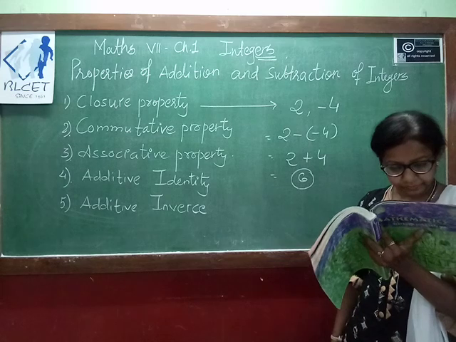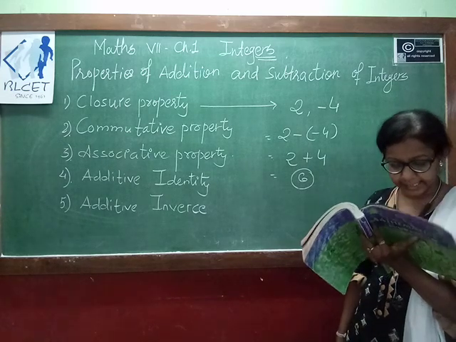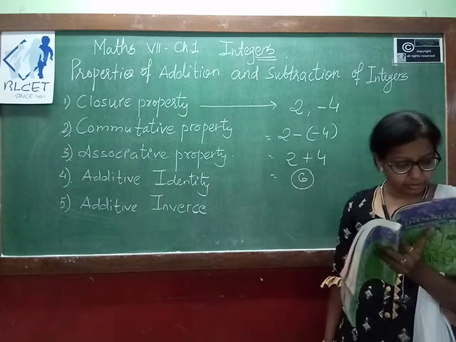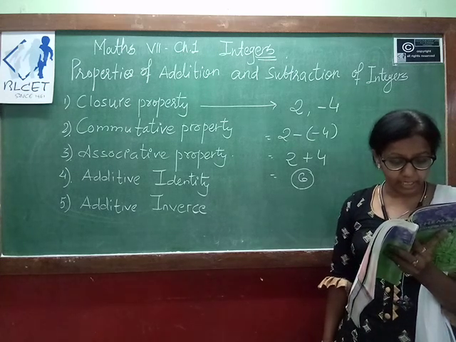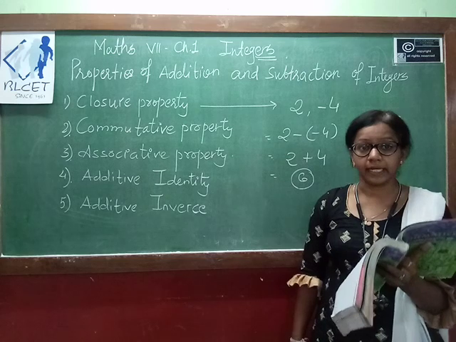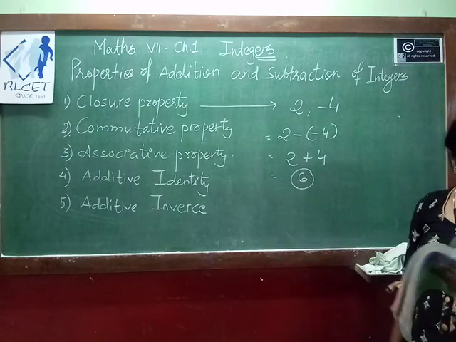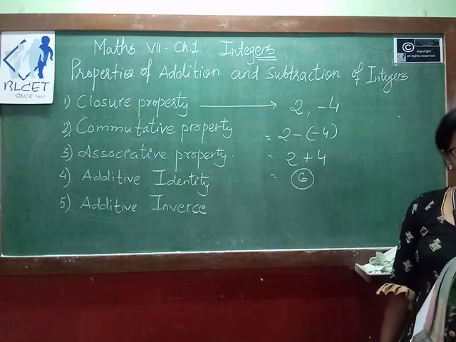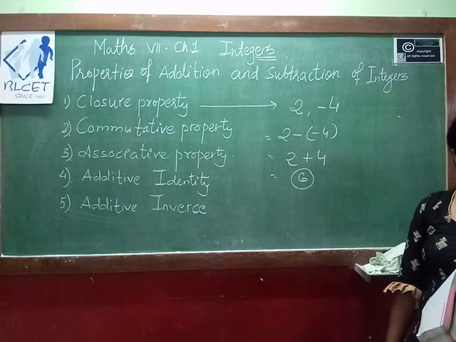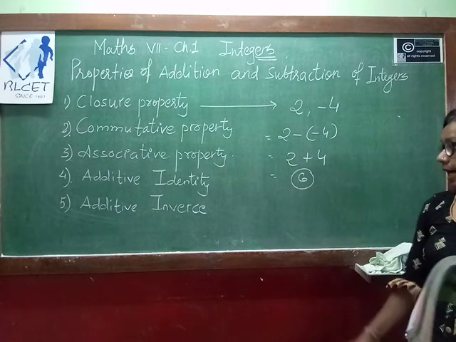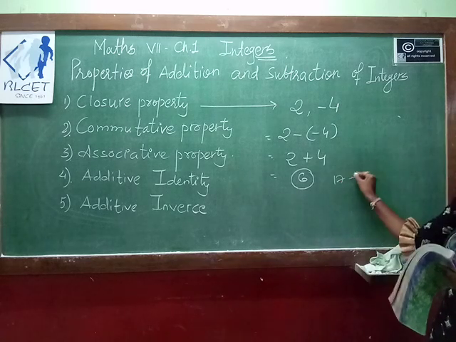In the same way, we can say integers are closed under addition. In general, if you have two integers a and b, a plus b is also an integer. In the same way for subtraction, 7 minus 9 will give you minus 2, which is also an integer. 17 minus of minus 21, here you have to do the addition, that is 17 plus 21.